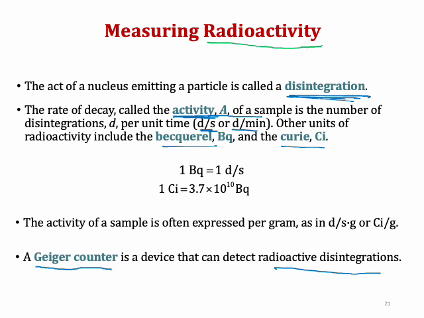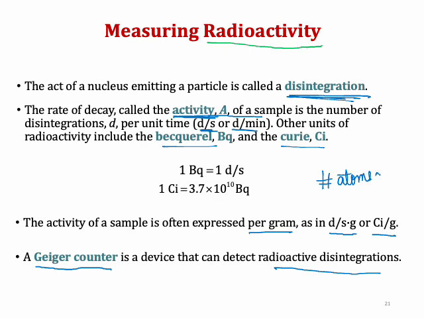Okay, so a sample activity is usually expressed per gram, which means how many disintegrations are occurring per second per gram, or how many Curie per gram. Why? Because the radioactive decay rate is dependent on the number of atoms.